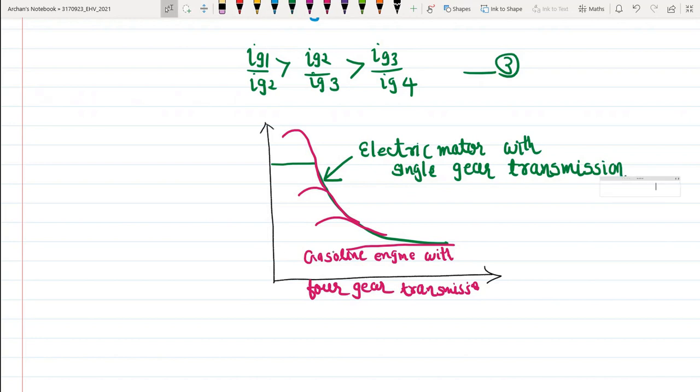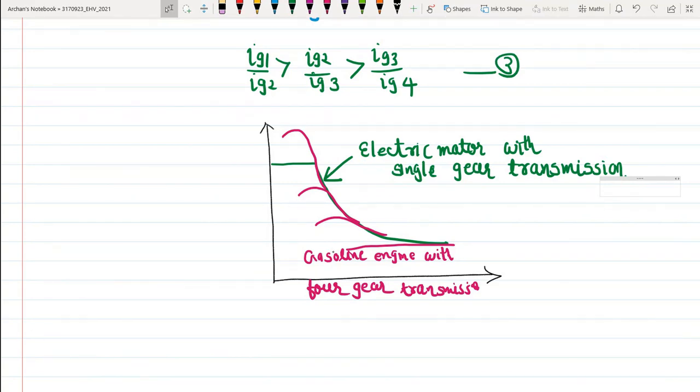Now, the best part of this vehicle fundamentals is the performance of the electric vehicle, right? So whenever we talk about the vehicle performance, at that time we will talk about its maximum speed, its acceleration performance, and the operating fuel economy of the vehicle.